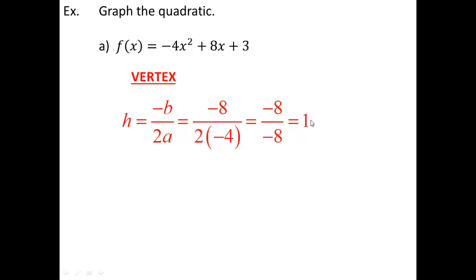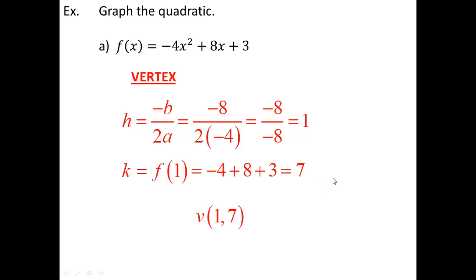Now I just need to figure out what the y value is of that vertex simply by taking 1, the h value, plugging it back into the original function to figure out the k value, because if I know the x coordinate, just plug it back into the original function to find the y coordinate. So f of 1, if I plug in 1 for x, I'm going to have negative 4 plus 8 plus 3, or 7. So my vertex is the coordinate (1, 7). And again, I could then take the next step of finding the zeros, finding the y-intercept, but really the only information I need after I found the vertex is the leading coefficient.